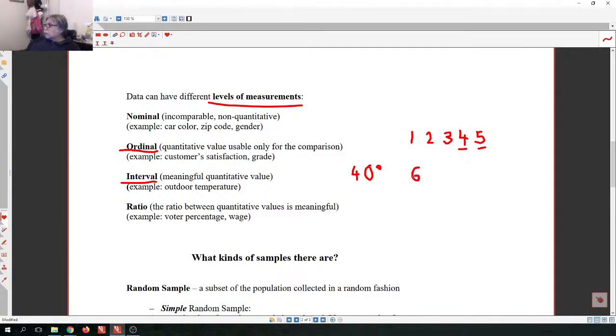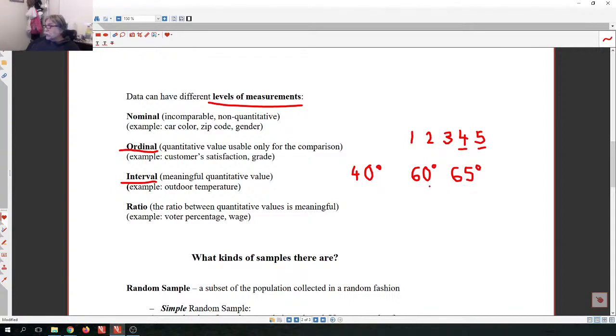Then you have 60 degrees Fahrenheit, that would be relatively okay, I guess, for walking. And you can have 65 degrees Fahrenheit, which would be a little nicer and probably a nice day to walk around, right? So what I know here is that 65 is better than 60 and 60 is better than 40 in terms of how I feel outside, right?